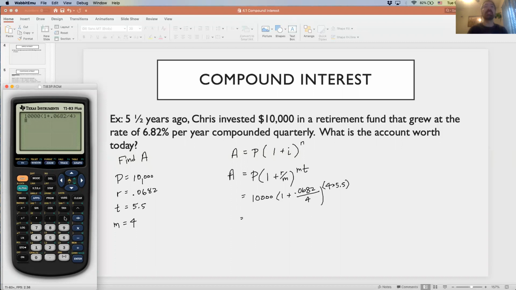Being able to type an entire formula into the calculator all at once makes this process much, much easier instead of trying to perform each calculation throughout the formula. Just type it in all at once if you have that ability. So we're using the exponent, this caret key right here, raised to the parentheses 4 times 5.5.